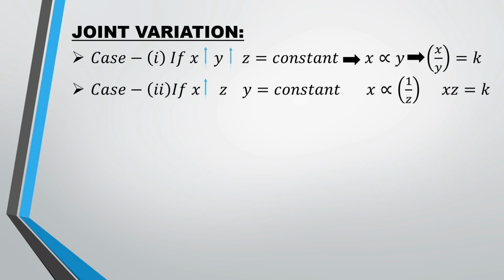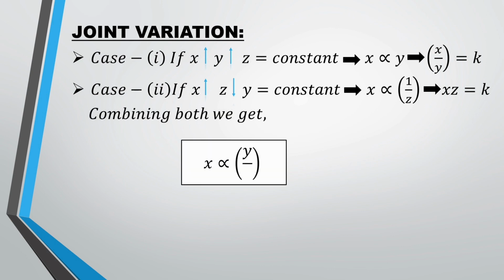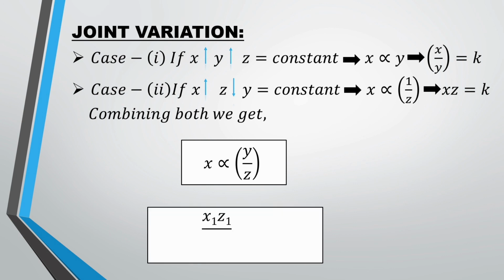If x increases, z decreases and y remains constant, that implies x is inversely proportional to z. That implies xz is equal to k. So by combining both the cases, we get x is directly proportional to y by z. So x1 z1 by x2 z2 is equal to y1 by y2. This is the joint variation.